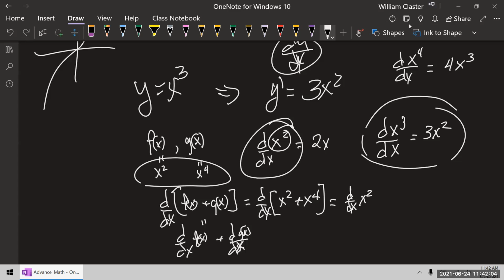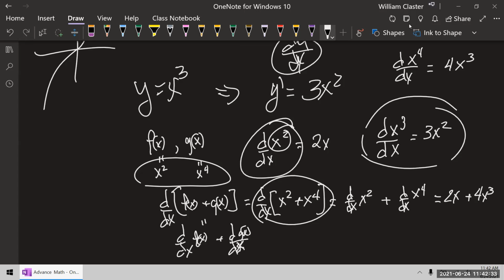But this just means the derivative of the first one plus the derivative of the second one, like that. So we already know this, and we already know this. We already know that this is 2x. We already know that this one we said was 4x cubed. So now we were able to do the sum of these two.